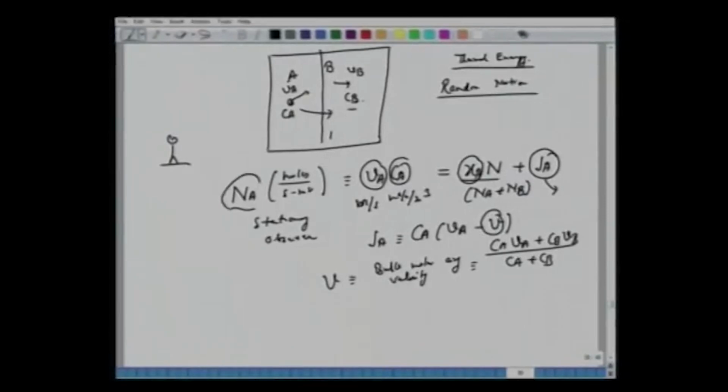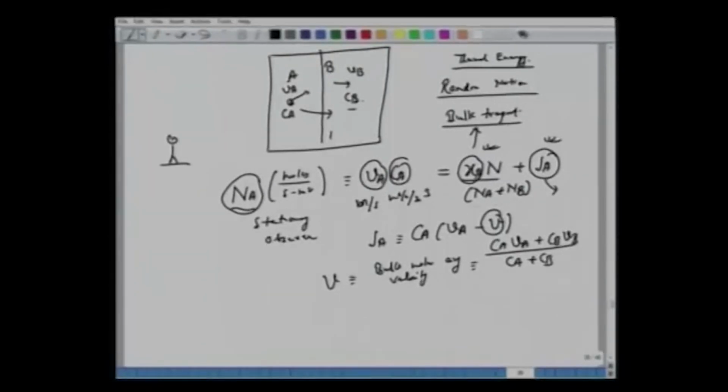What a stationary observer will measure are two components. One is by this bulk convection, we call it bulk transport, and another component is over and above this bulk transport.